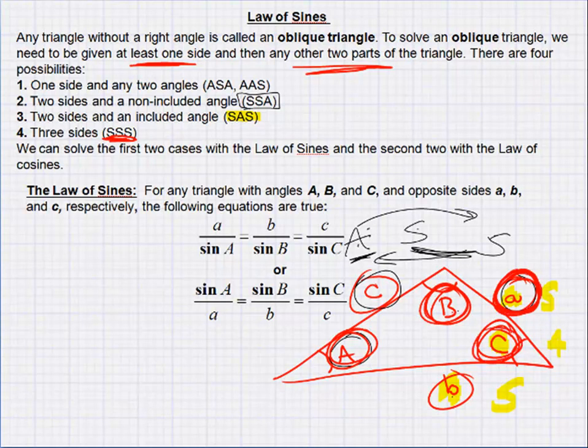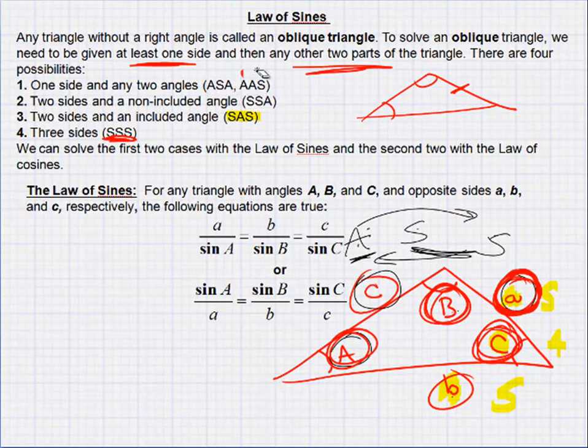But two angles and a side, and again there are two ways to do that: angle, side, angle, where the side is in between the two angles, or angle, angle, side, where the two angles come and then the side after that. If I did angle, angle, side, I would find the remaining pieces. So these are the different ways you can be given a side and two other parts, and then we would have to find the remaining pieces.